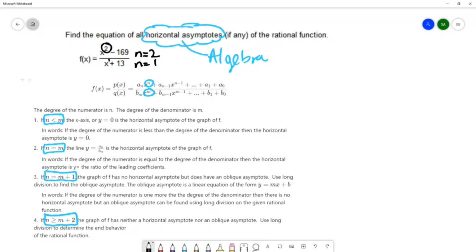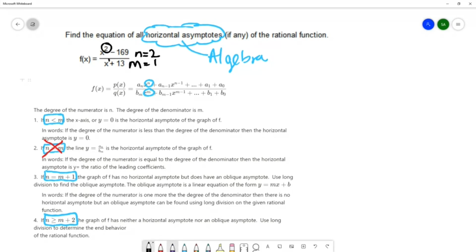So if we're thinking about these different cases, I think it's pretty easy for us to eliminate n equals m. And I apologize there. I wrote this as n. It should be m. So I think it's clear to see that they're not equal to each other. But we need to figure out which of these other ones we have.